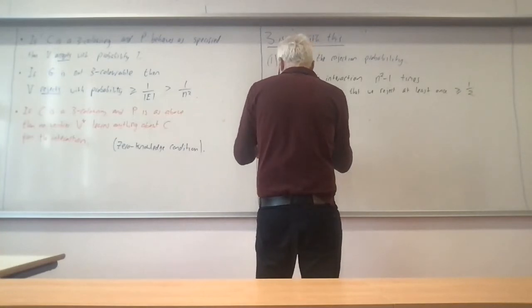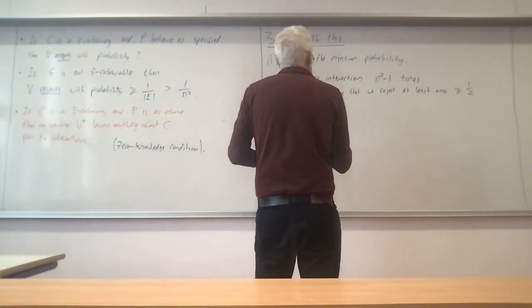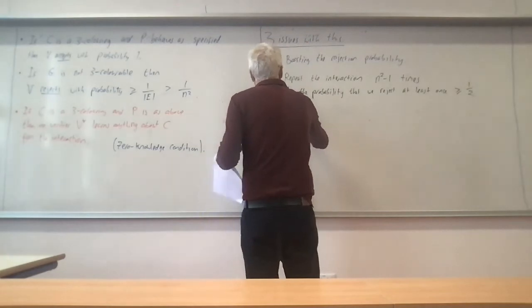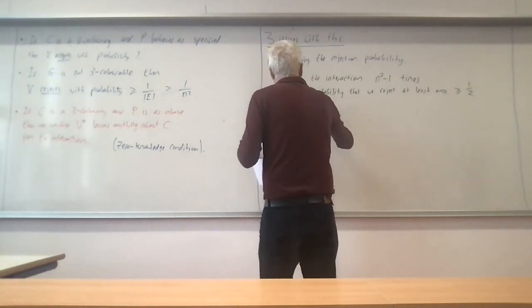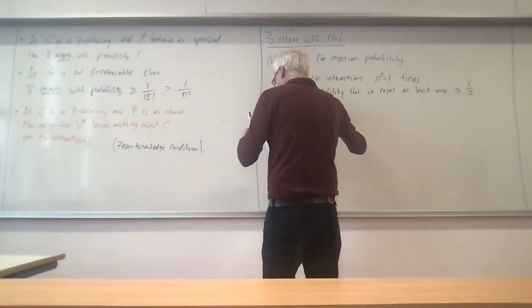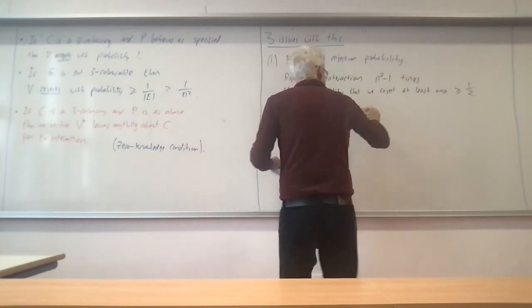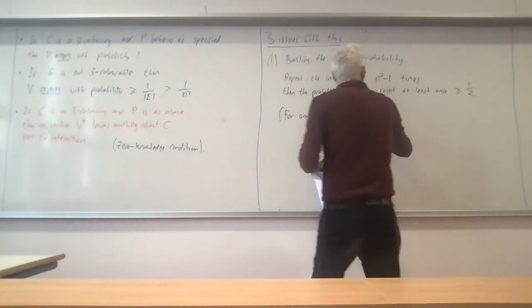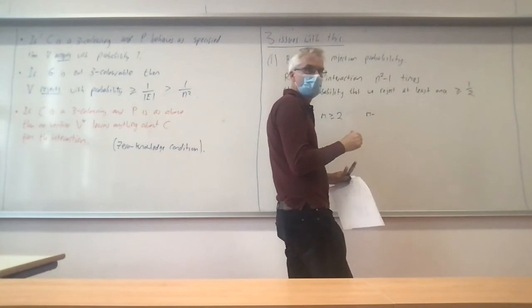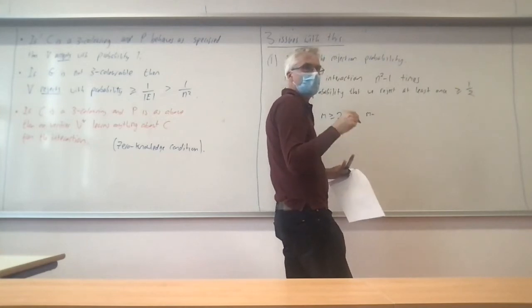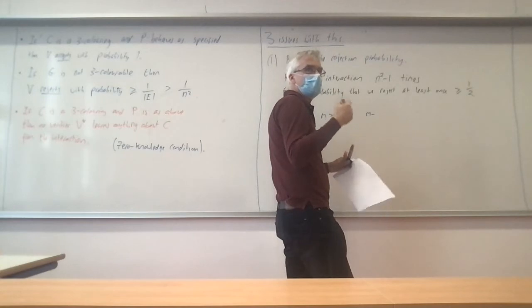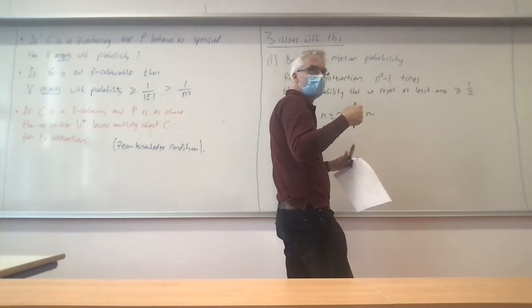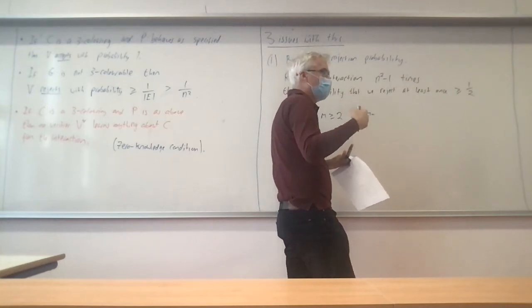So the reason for this is that for any n greater than or equal to 2, we work out the probability that we accept every time. If there are n minus 1 out of n things that would give us to reject, then we will accept n minus 1 over n times.